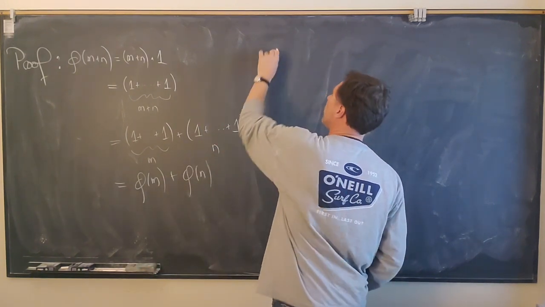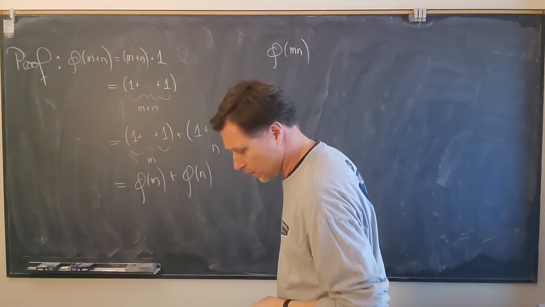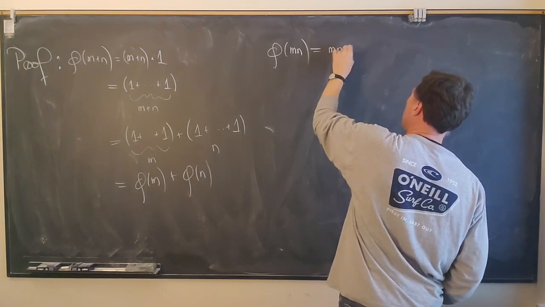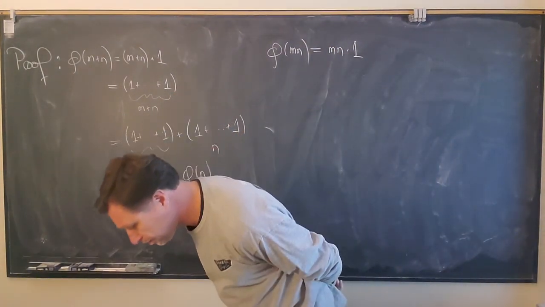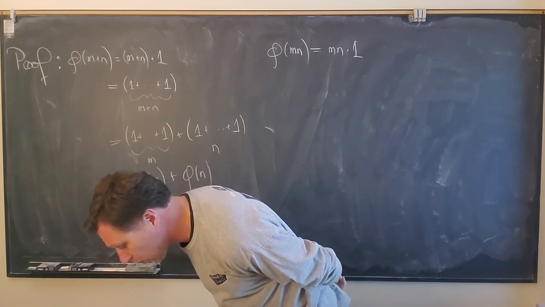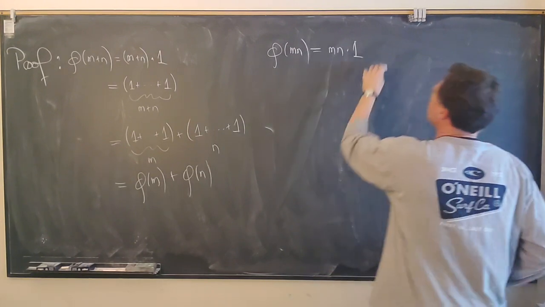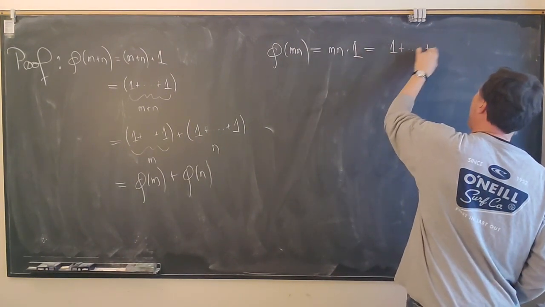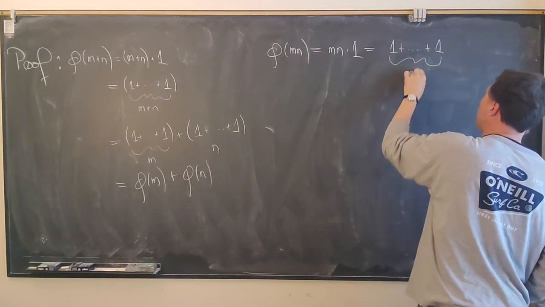And so also then, if we do phi of mn, okay, so that's going to be mn dot 1. So let me do this in two steps. First of all, what this means is add 1 to itself mn times.